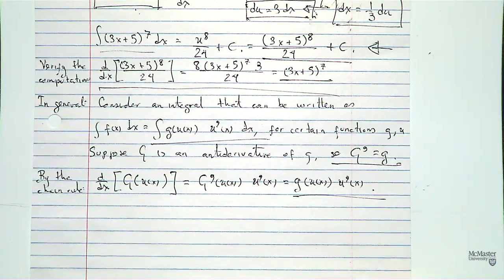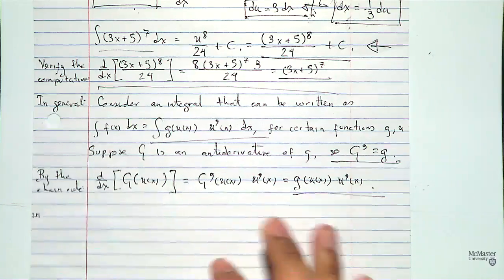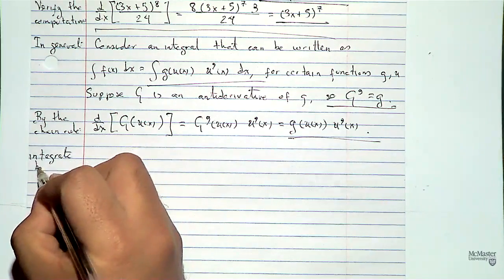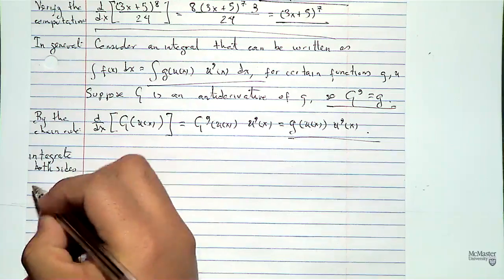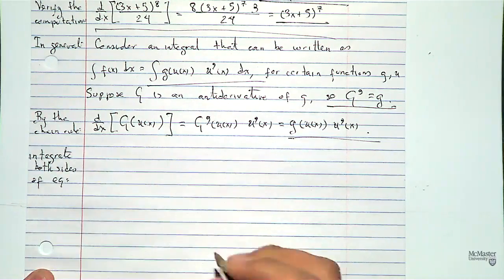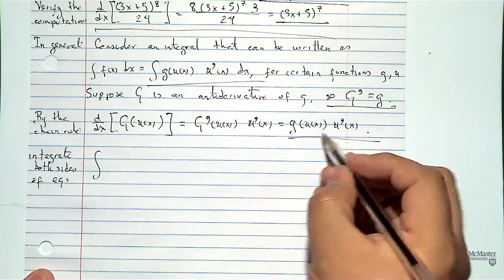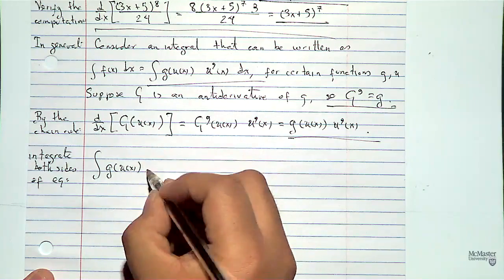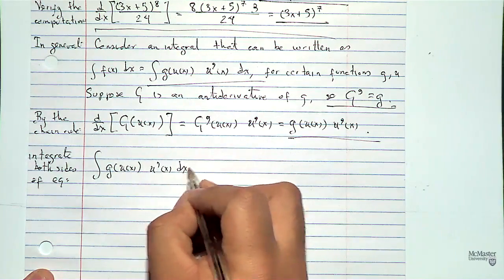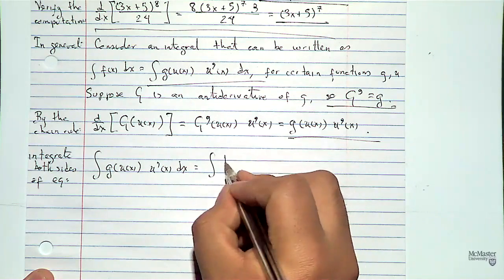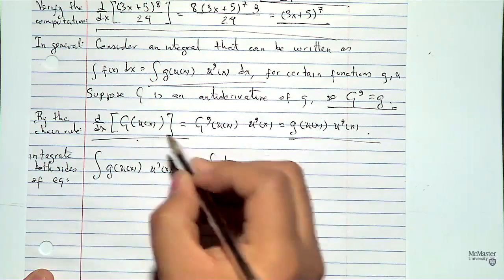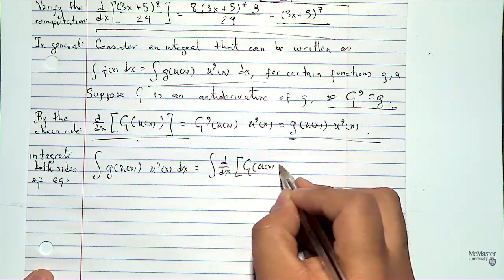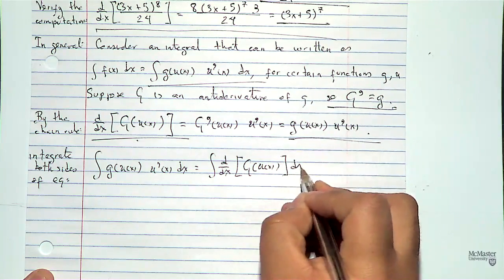Now, if I were to integrate both sides of the equation, so let's say that I were to compute the integral of g of u of x, u prime of x dx, that is the integral with respect to x of, plug in this object, the derivative with respect to x of capital G of u of x, dx.